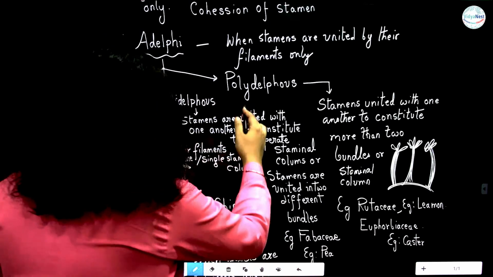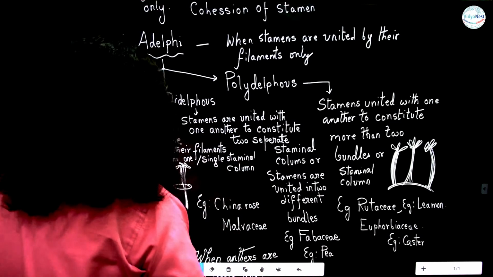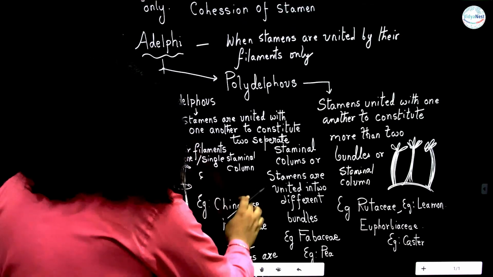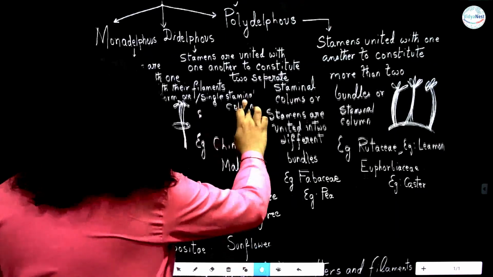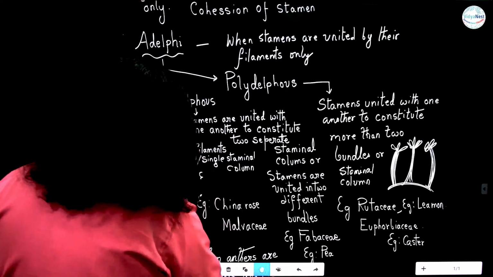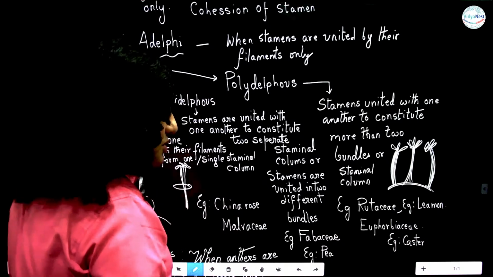Here, in case of didelphous condition, which is found in Fabaceae family, that is Papilionaceae family.